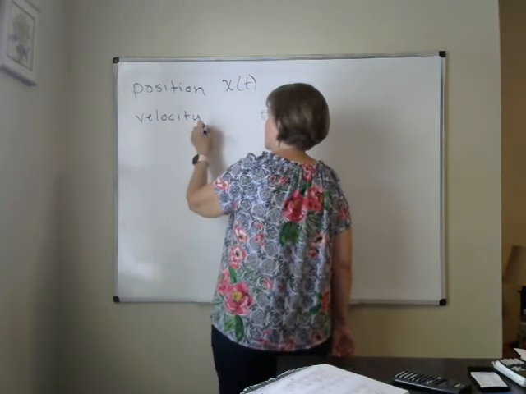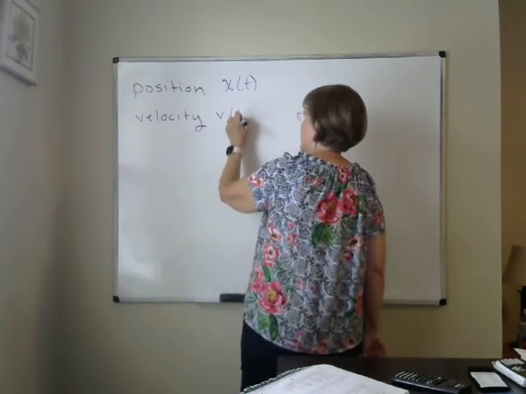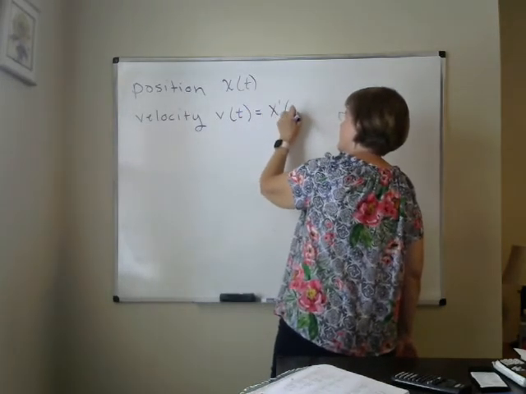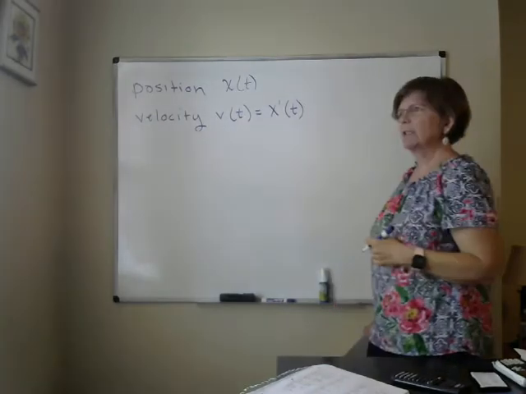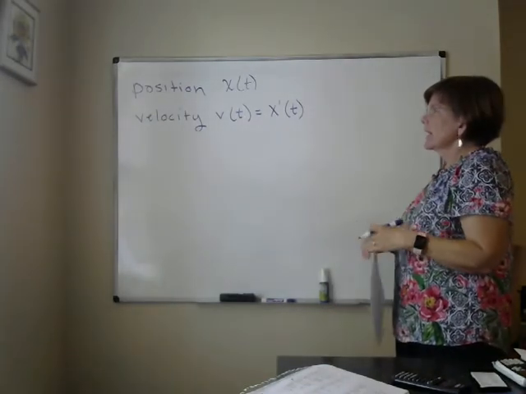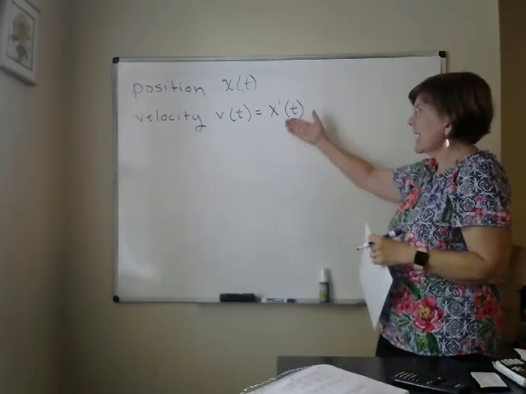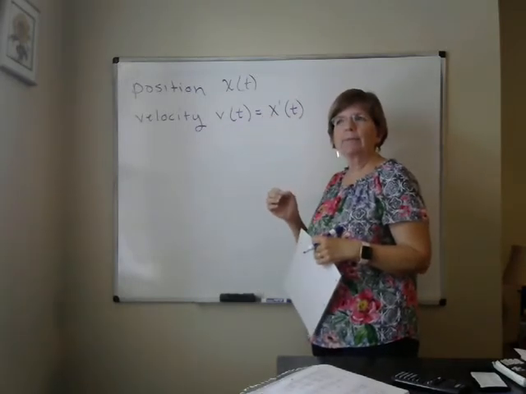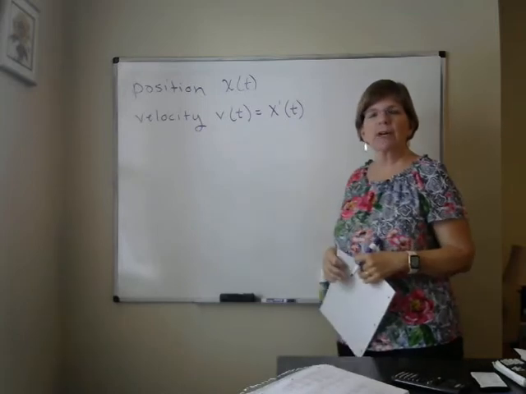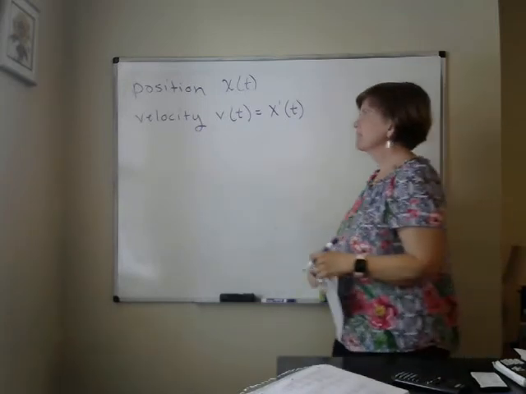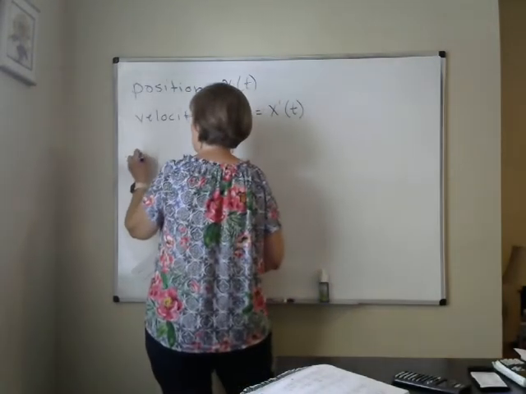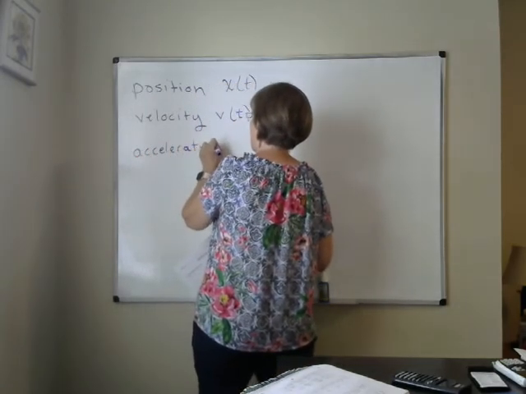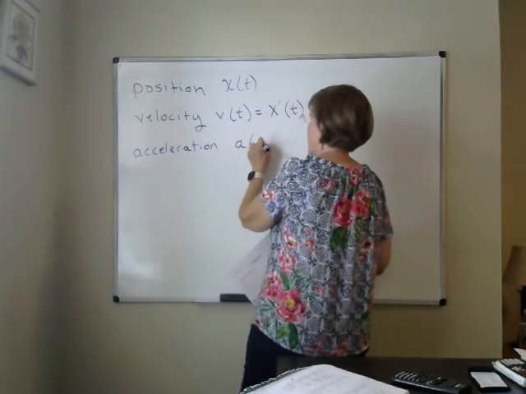The velocity would be v of t, but that's equal to the derivative of the position. In other words, x prime of t tells us how the position is changing with respect to time. A change in position means you have velocity. Acceleration can be written as a function of time, a of t.